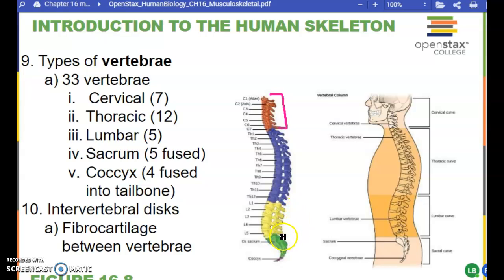And then the sacrum and the coccyx are both fused, so these are actually not movable. We sometimes call the coccyx your tailbone. In between these vertebrae are what we call discs, which is really cartilage.